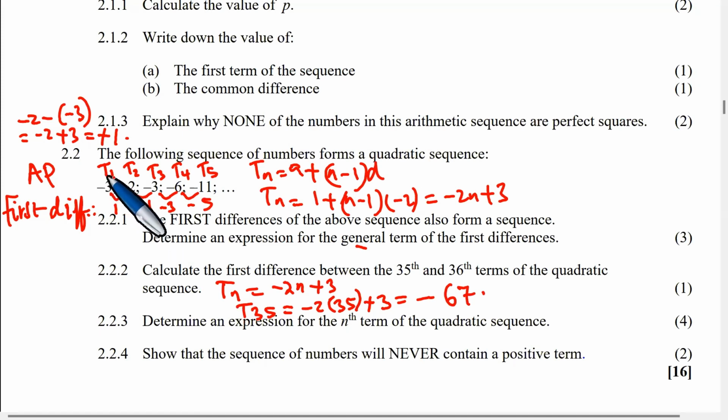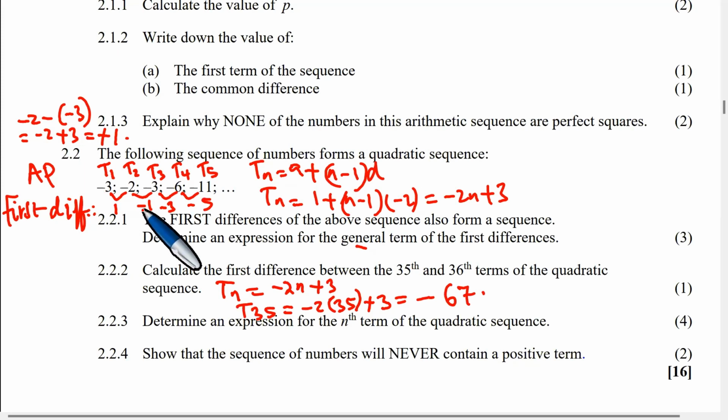Between T1 and T2, the number 1 is term number what? What do you think? It is term number 1. Between T2 and T3, the first difference is term number what in this first difference sequence?